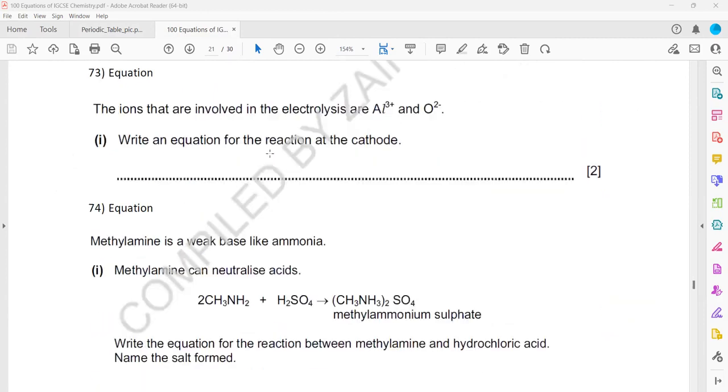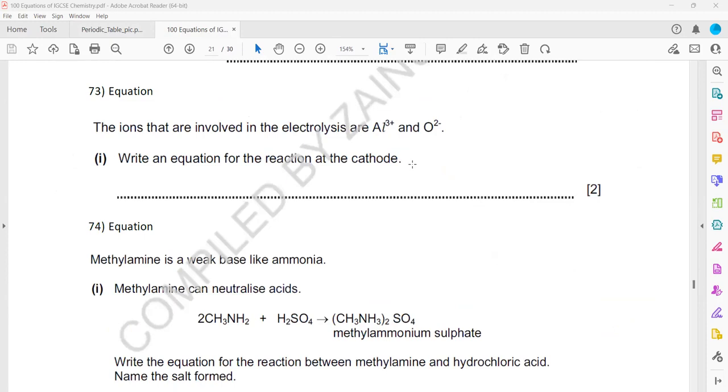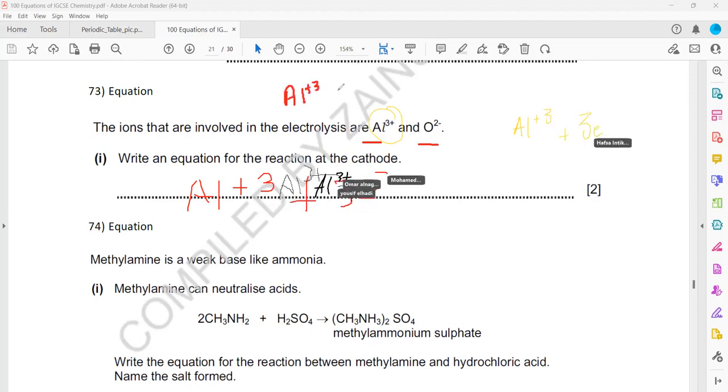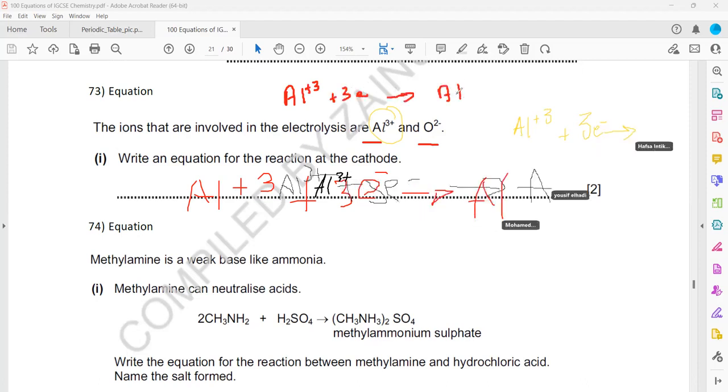Next question. The ions that are involved in electrolysis are aluminum and oxide. Write an equation for the cathode. Which ion will move towards the cathode? Is it aluminum or oxygen? Aluminum, because it's a positive ion. When the aluminum ion moves there, it gains 3 electrons and is turned into an aluminum atom.